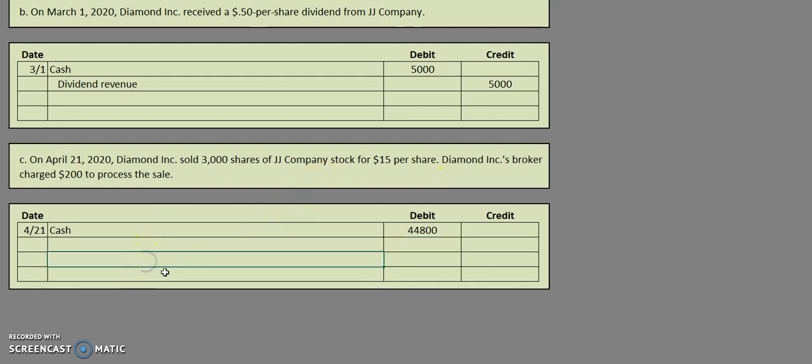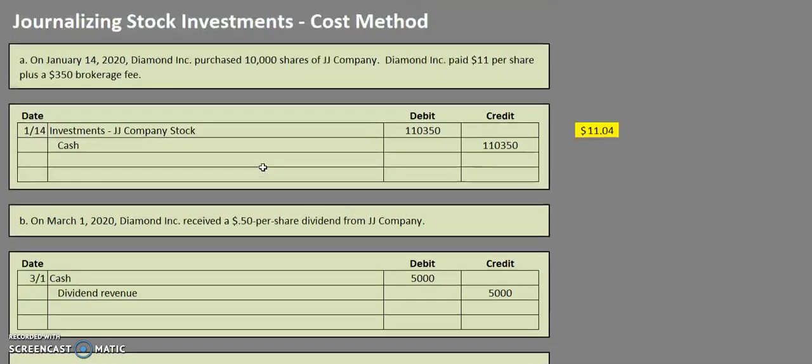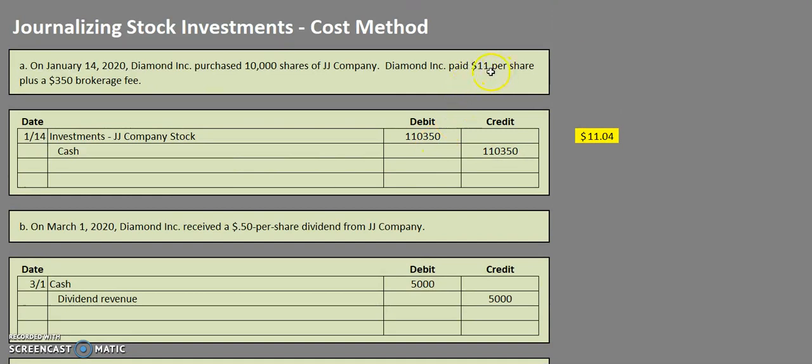Next I want to record that decrease to our Investments-JJ Company stock account. We're selling 3,000 shares, and according to part A above, we paid $11 per share. But we didn't actually spend just $11 per share. We also had to pay that brokerage fee as well.